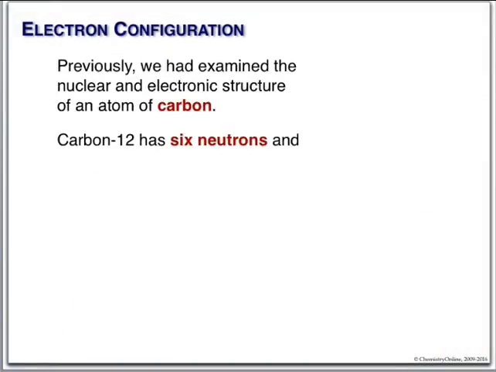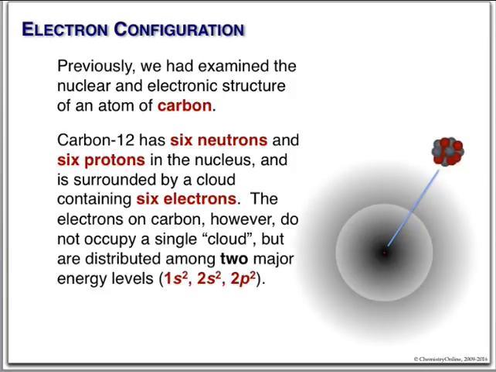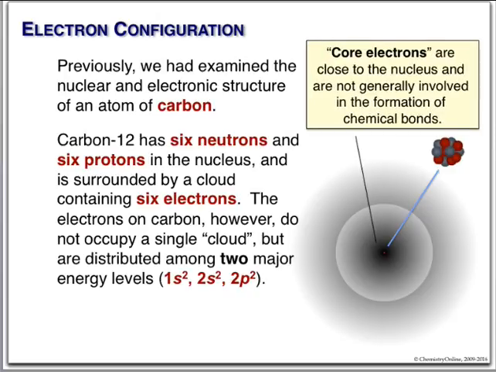Now, I said a couple times, why is this concept important? Because electrons reside in 2 general areas. This is carbon, again, over here, second period. So our first period is full. We have 2 in the 2s and 2 in the 2p's. These electrons that are closest to the nucleus are called core electrons. And they don't do anything.